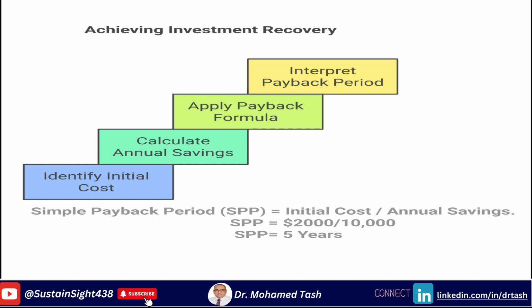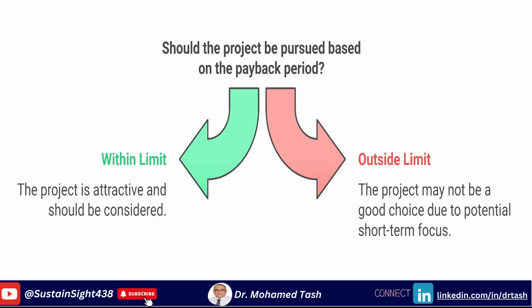It's calculated using the formula: simple payback period equals initial cost divided by annual savings. For example, a $10,000 project that saves $2,000 annually has a payback period of 5 years. Decision rule: a project is considered attractive if the payback period is within a predetermined limit.